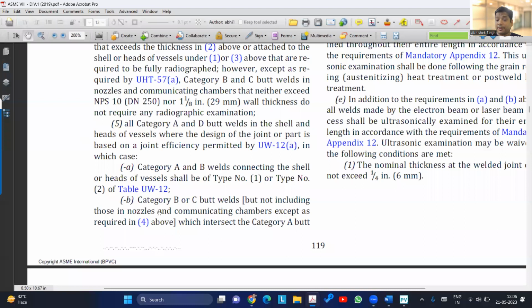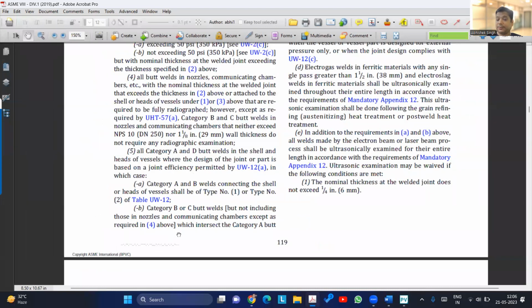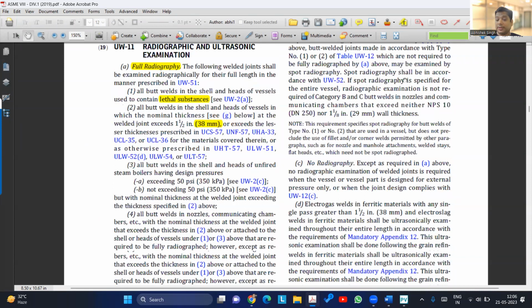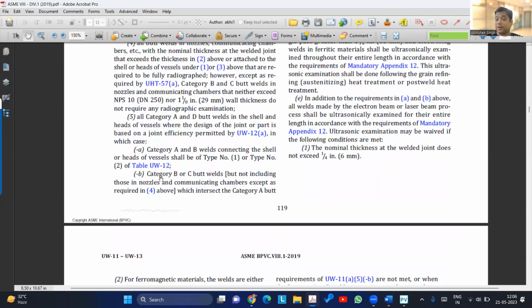So for B and C, butt welds which intersect the category A butt welds, you'll have different requirements. Now we are talking about category B and C. B is the circumferential seam and C is the weld with the end, like a flange or tube sheet connection.